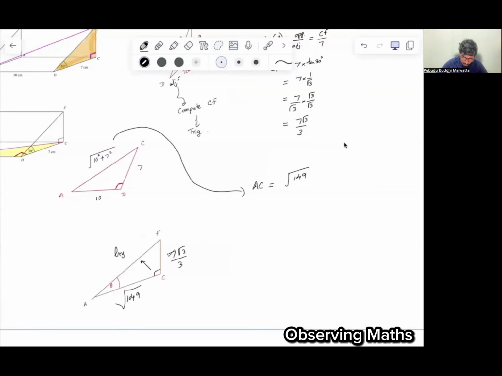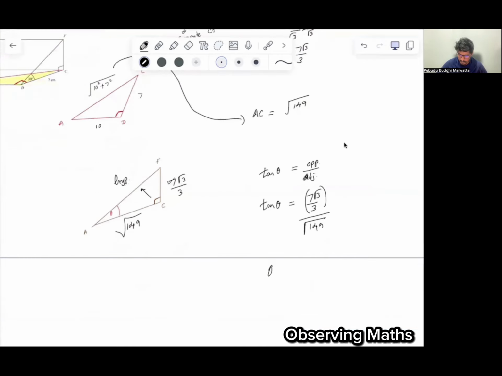We don't want to use the hypotenuse. So tan theta equals opposite over adjacent, 7 root 3 over 3 over square root of 149. That is tan theta. To get theta, take the tan inverse. So that's the answer. You can use your calculator to compute this value.